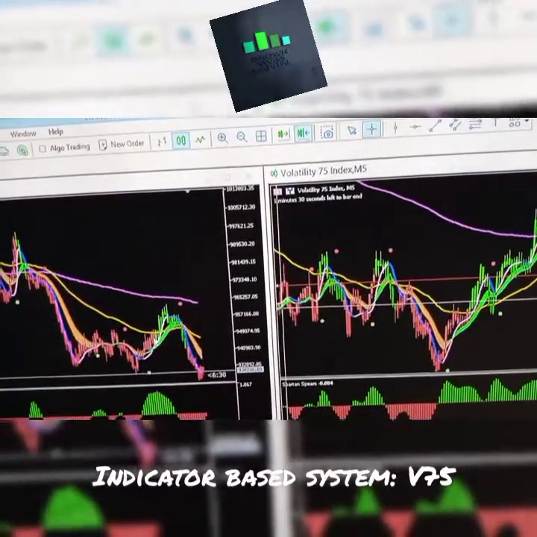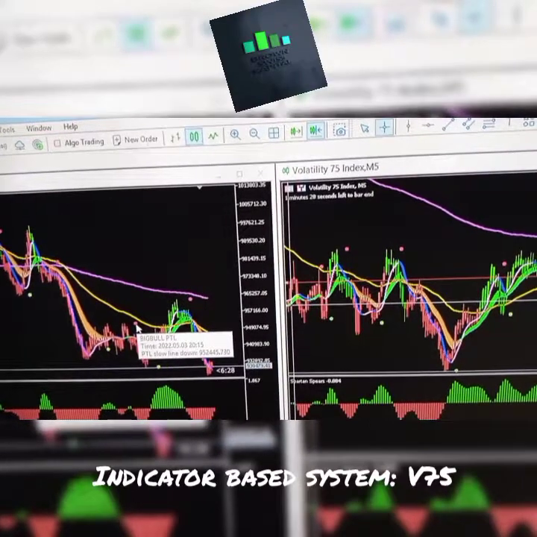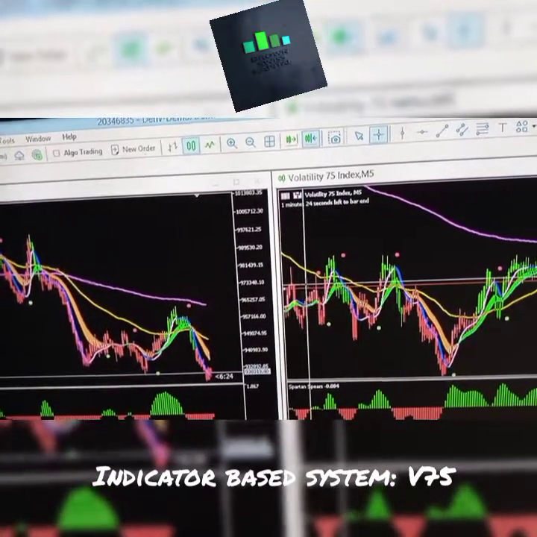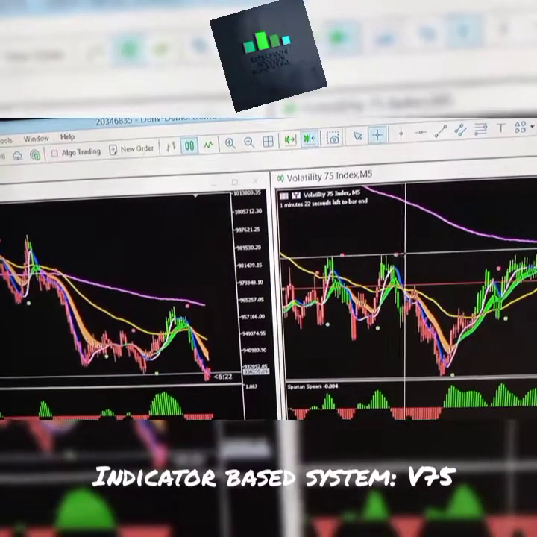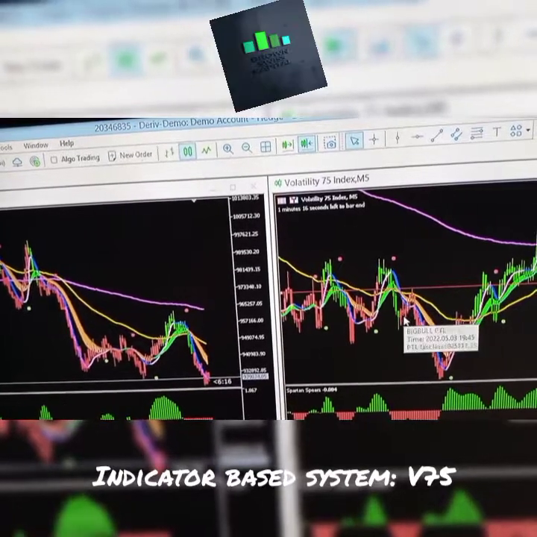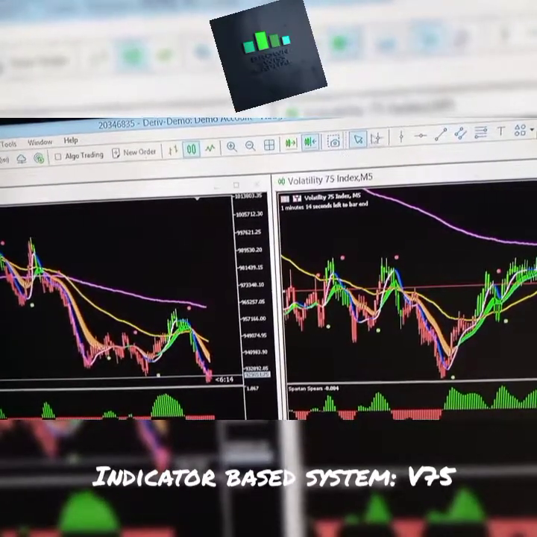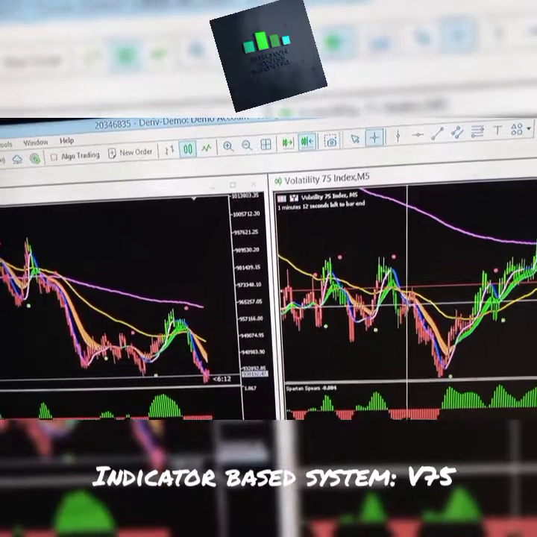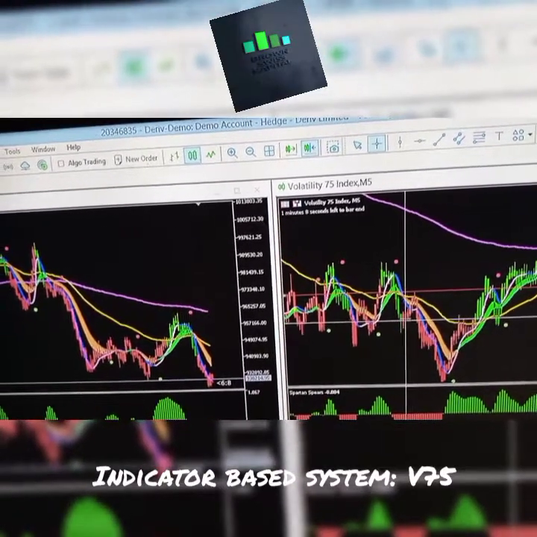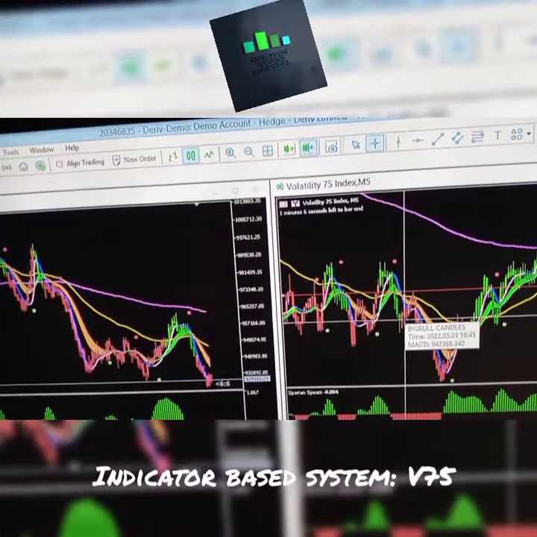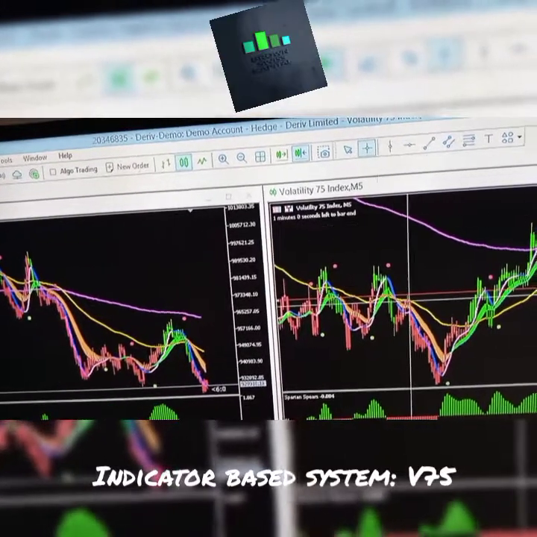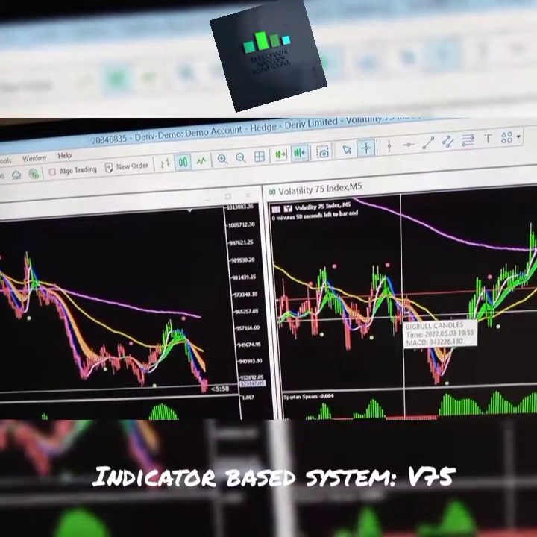Okay, same here, we have a red dot which corresponds with this dot here. So you would have entered here after the bearish candle closes, and you would have held this trade, and you would have suffered a small pullback here.